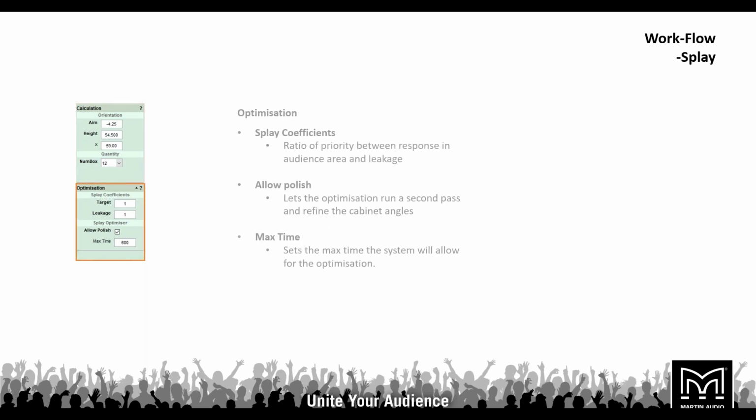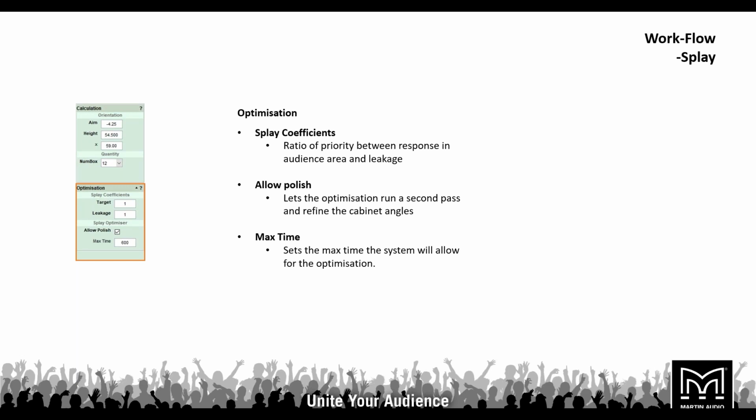The next window, which is the optimization, allows you to set a ratio of priority between target and leakage. So how much more important is one than the other? It's a ratio, so this is 1:1. If you change it to 2:1, I can think of an open air festival with absolutely no restrictions in terms of noise pollution, maybe changing that 2:1 in favor of target.